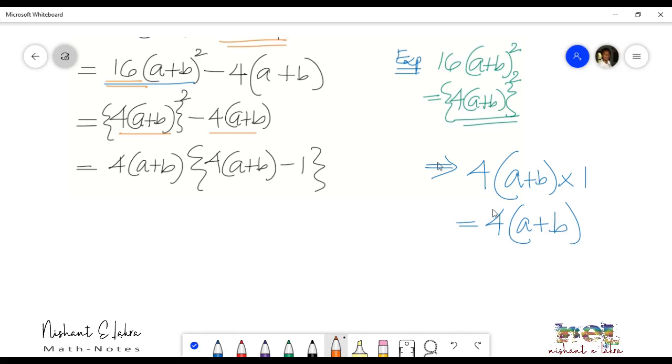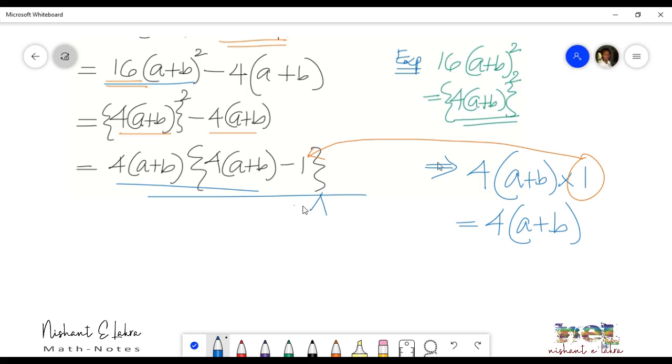And so we get the answer as 4 into (a plus b) curly brackets, 4 into (a plus b) minus 1. Okay, I hope you have understood. Keep practicing, go through the video to understand it, and keep learning.